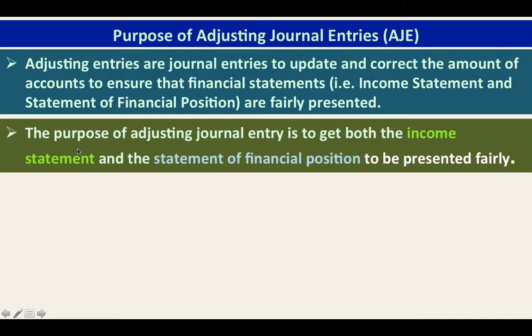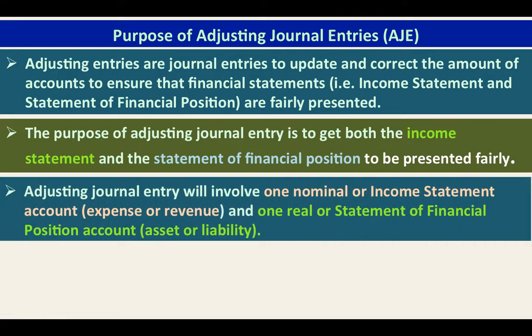So, the purpose of adjusting journal entry is to get both income statement and statement of financial position to be presented fairly. Adjusting journal entry will involve one nominal or income statement account that will be expense or revenue and one real or statement of financial position account that will be asset or liability.